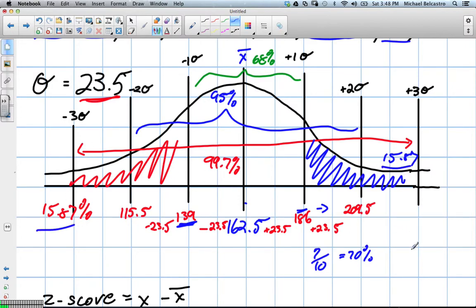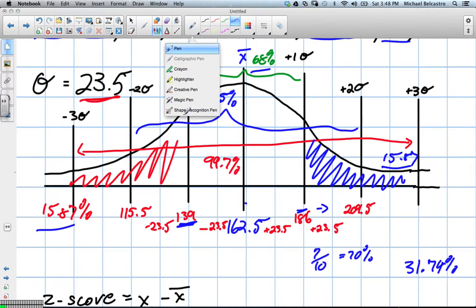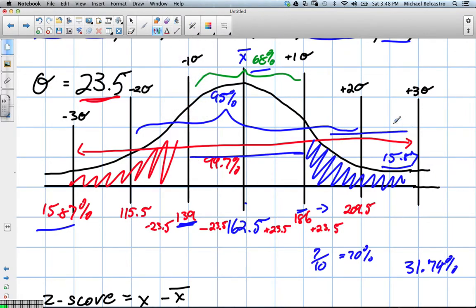And when you add those together, we get 31.74, which makes sense. Add that to 68, what do you get? Pretty much 100, right? We know this is 68 point something. That makes sense because we said between here is 68, so outside of here must be 31.74% of the population.